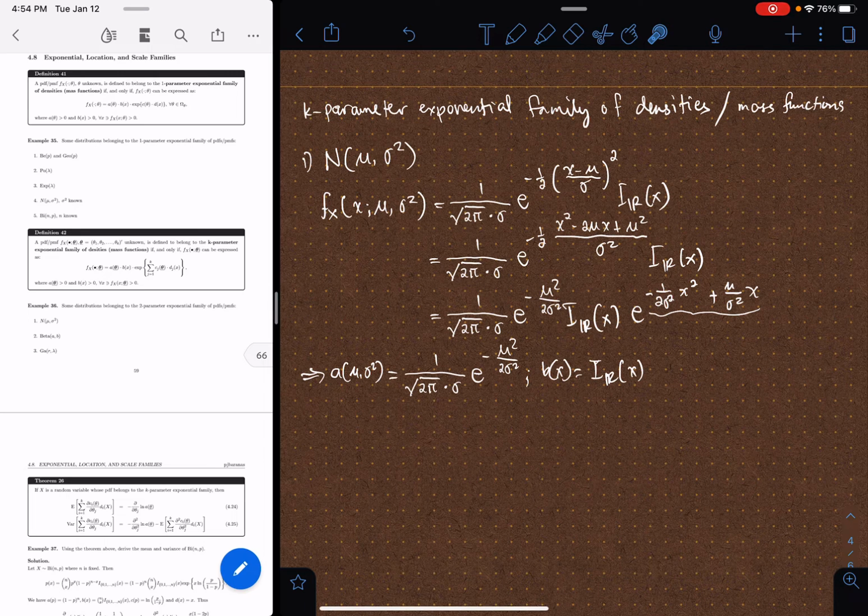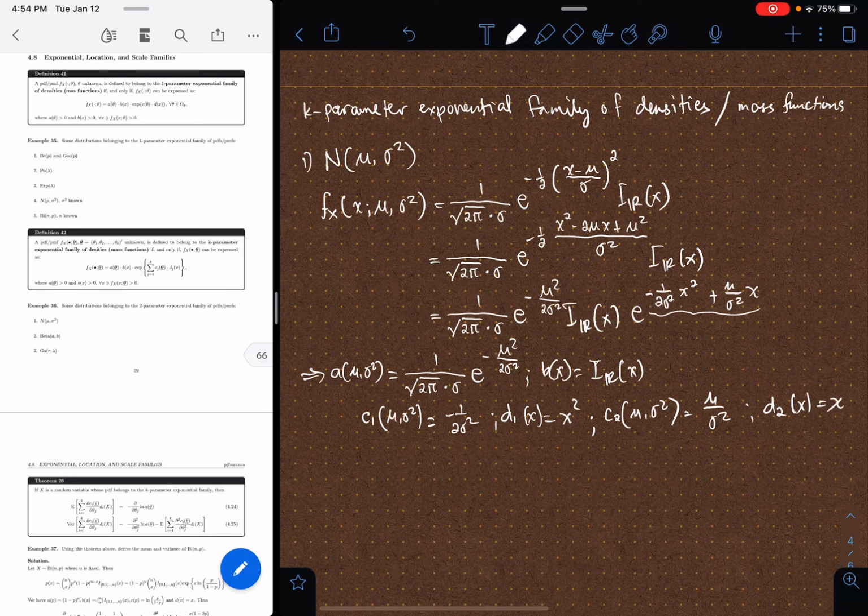So, in that case, pwede nating sabihin na yung c1 of mu sigma squared natin is equal to negative 1 over 2 sigma squared, tapos yung d1 of x is equal to x squared. Tapos pag c2 of mu sigma squared natin is mu over sigma squared, then magiging d2 of x natin is x.